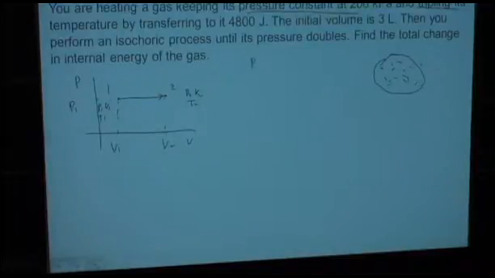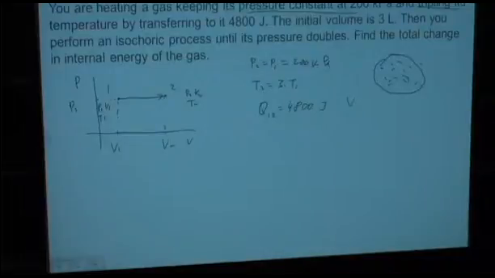The pressure remains constant, so the pressure number 2 equals pressure number 1, 200 kilopascals, right? Tripling temperature, well, T2 should be 3 times T1, by transferring a certain amount of heat. So during this process, the gas absorbs 4,800 joules of heat.